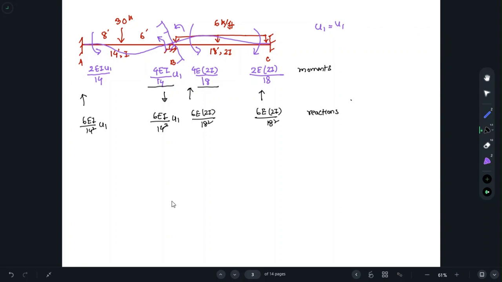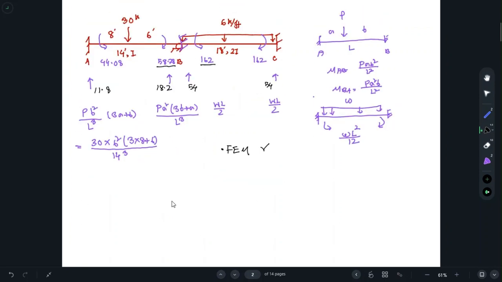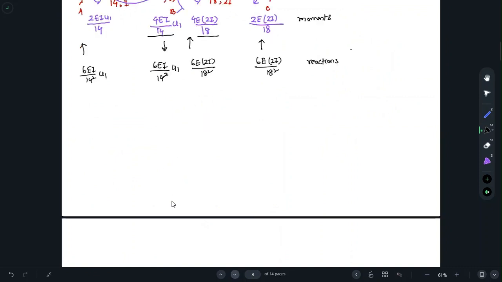So these two twos are positive moments, and here it is negative and this is positive. So three positives and one negative.